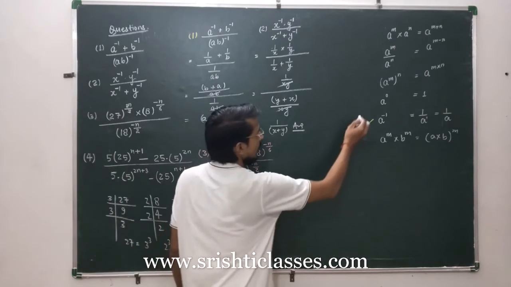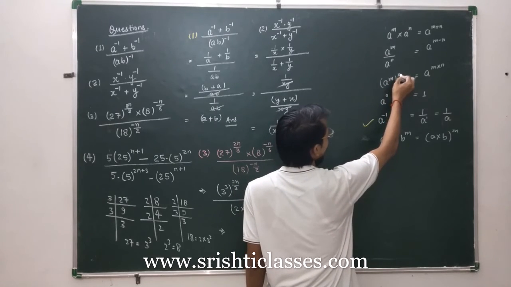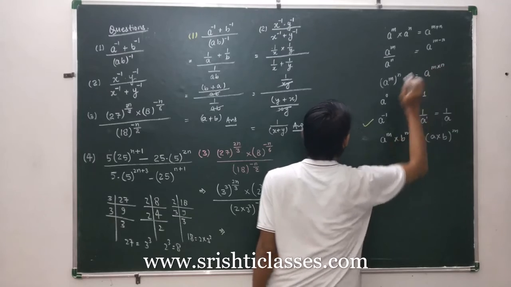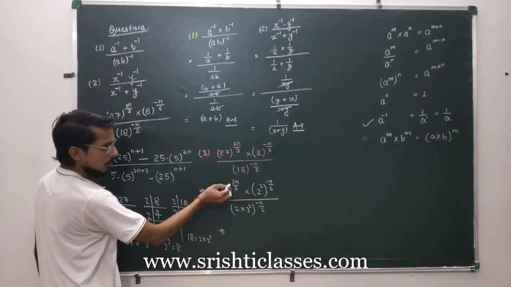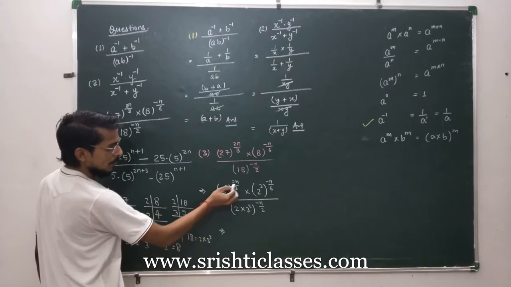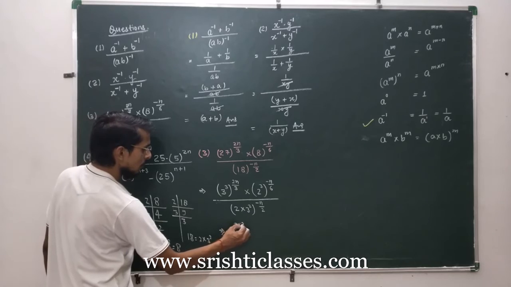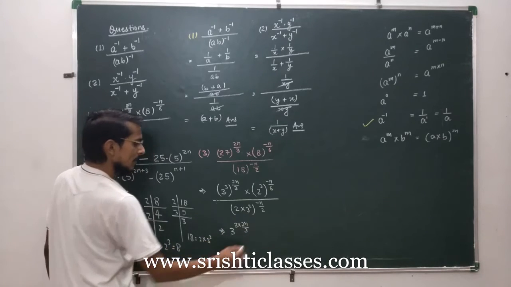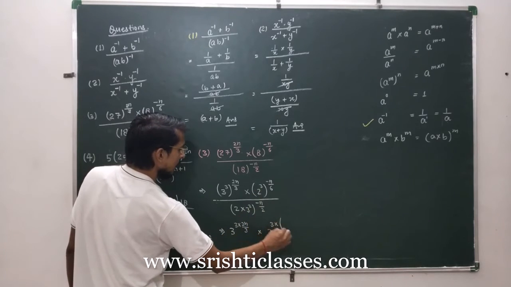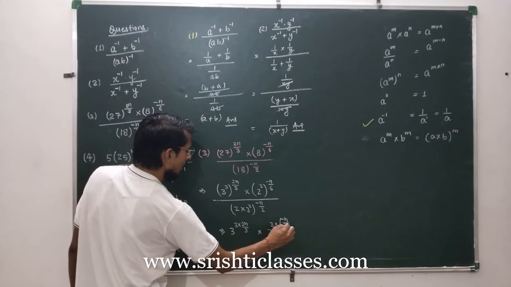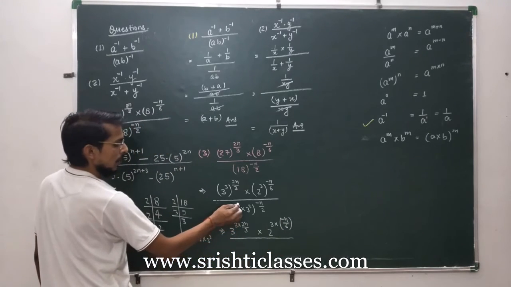Now use this formula: a to the power m whole to the power n is equal to a to the power m into n. So here we have the same case, 3 raised to the power 3 whole to the power 2n by 3. So these powers will multiply together. So we get 3 into 2n by 3 into 2 into 3 into minus n upon 6, whole upon this 2 has power 1.